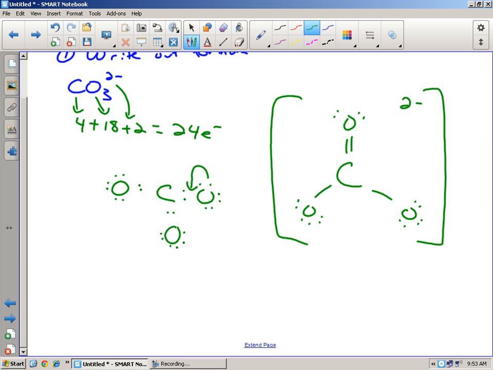Once again, if there's a multiple choice question and it says, which one of these is the carbonate ion, and you see some that don't have brackets and a charge, then don't pick those, okay? Because they have to have brackets. That's how we draw ions, and the charge, okay?